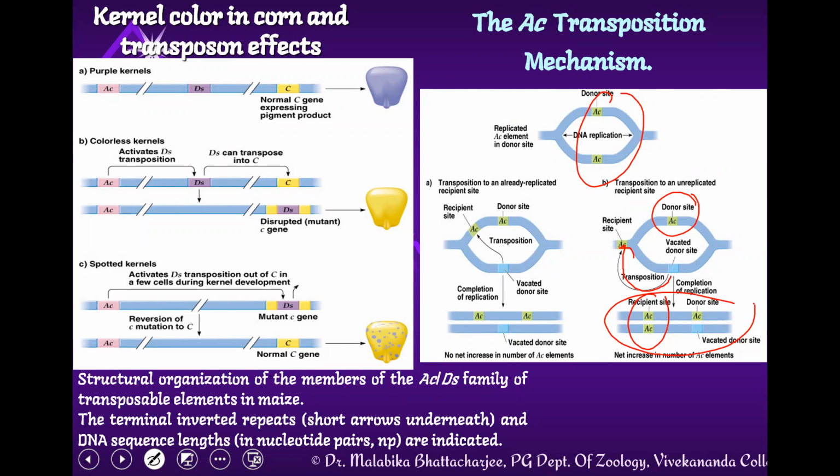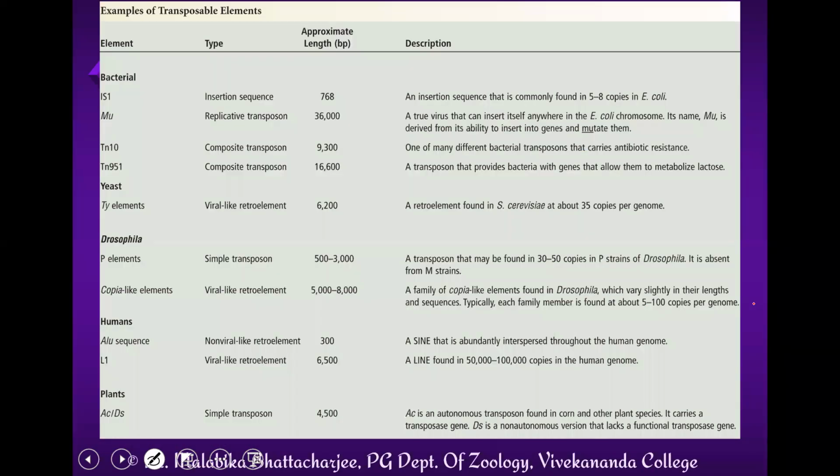So this is the activator and dissociator system that we studied. We studied the P elements in Drosophila as an example. We studied the activator and dissociation elements in maize as an example. And these are some more examples of transposable elements observed in various organisms.